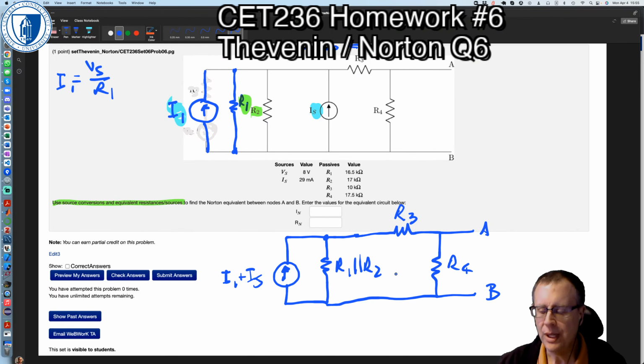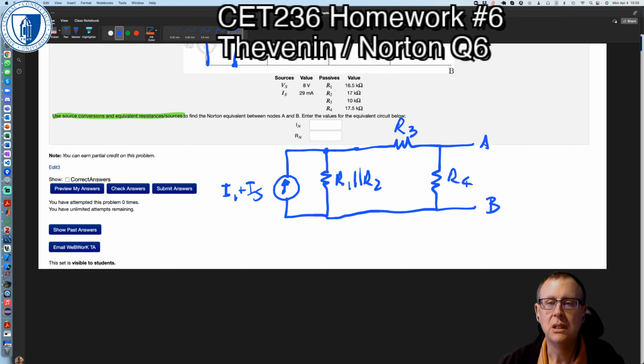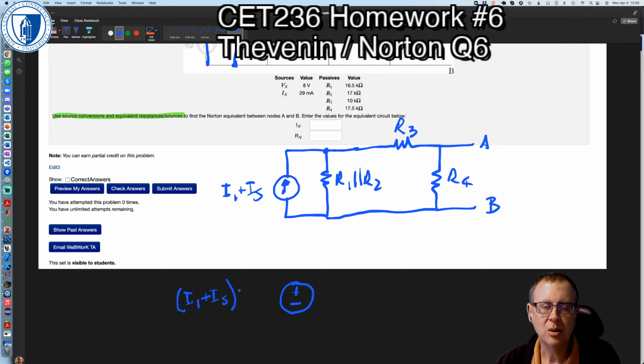Okay, so then what we can do is we can combine this into a Thevenin equivalent circuit, so we can make that into that, and this is going to have a voltage of I1 plus IS times R1 in parallel with R2, and then it's just going to have a series resistance which is R1 in parallel with R2.